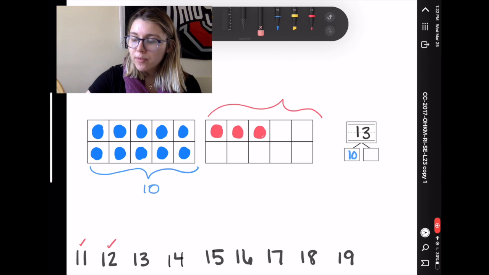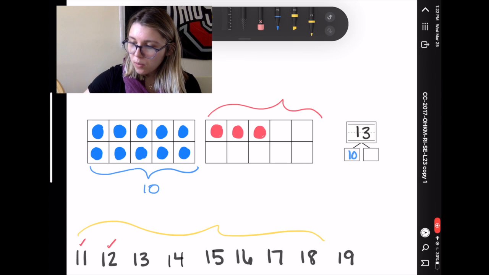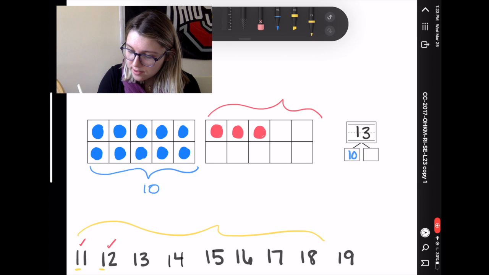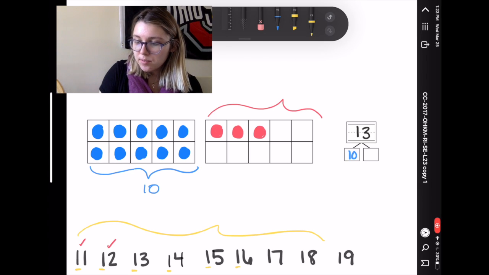And then when I'm writing, I notice that all of my T numbers right here, what number do they all start with? They all start with 1. Look at this. They all start with 1. That shows us that they're a T number because they start with 10 in them, right?